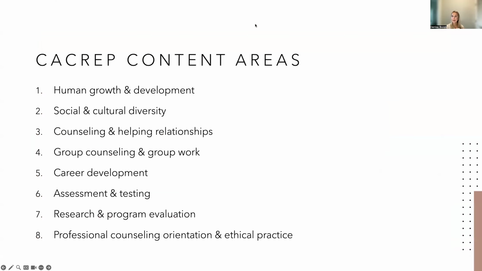So the content areas. So these are the 8 CACREP content areas that cover everything on the NCE. So you're not going to know exactly which question is underneath one of these content areas. It's not going to tell you, but the test covers each one of these areas in a little bit of a different amount.